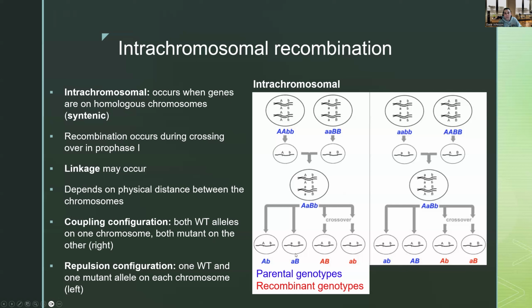Now notice the only difference between this and the figure I just showed you is, in this case, the genes are syntenic. They're on the same chromosome. We're not talking about two different chromosomes where crossing over can occur. So what happens if we end up getting linkage? Well, we'll stop seeing these recombinant genotypes.